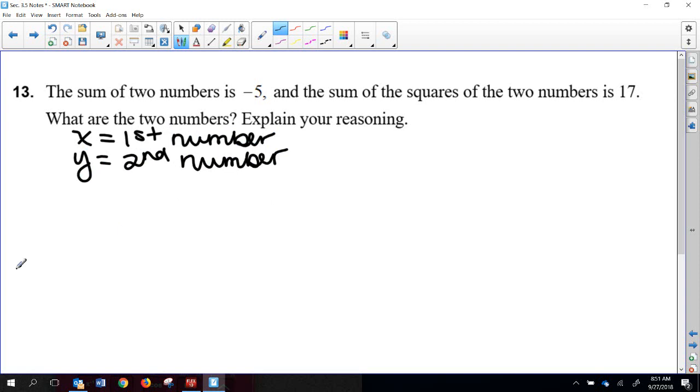And you guys, if we have two variables, how many equations must we have? Two. We must have two equations if we have two variables. See if you can write the two equations, going back and reading the problem.